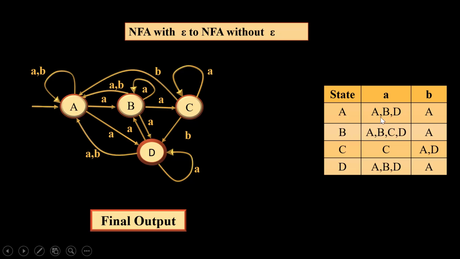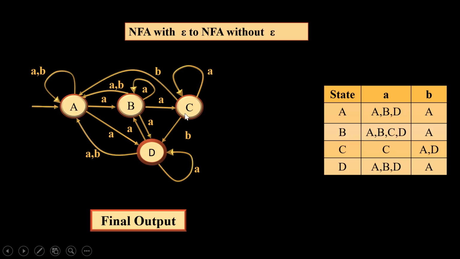Corresponding to A, we have A, B, D on A, that is A itself, B and D. Likewise, on B we have only a self loop. Then we move to B: on A, it has a move from B to A, B, C and D. From C we have on A a self loop, that's all.